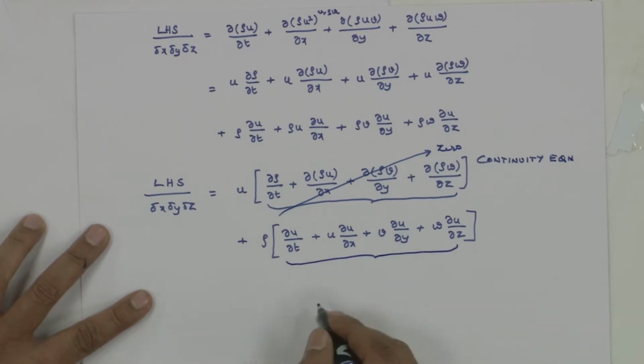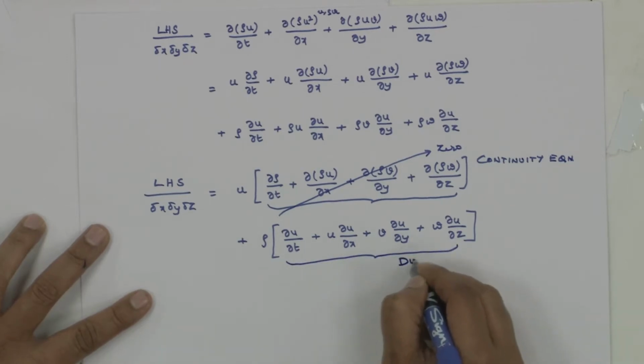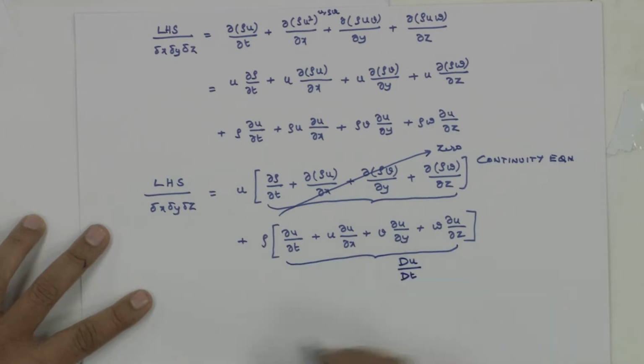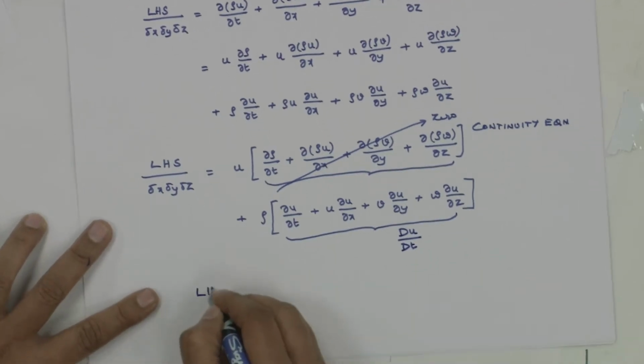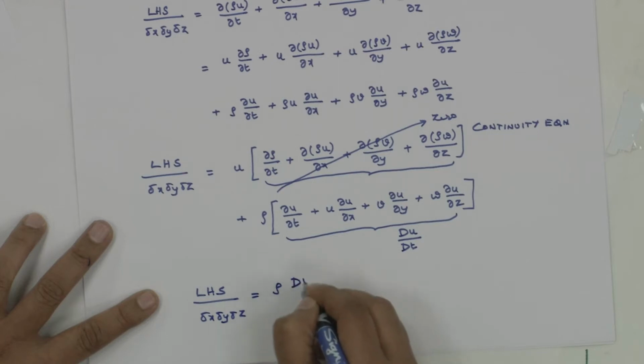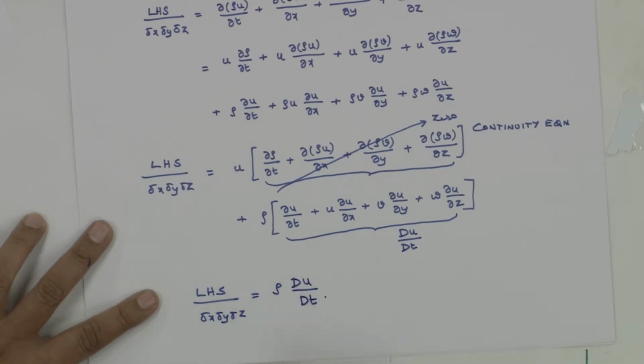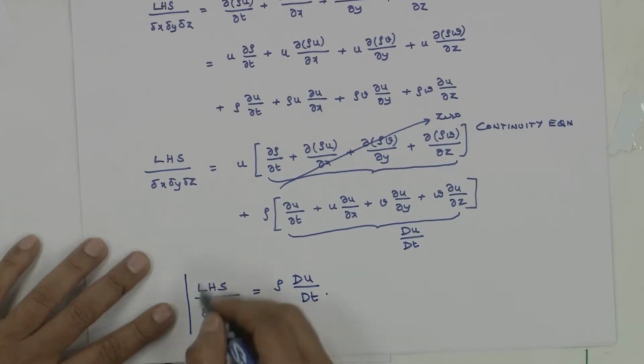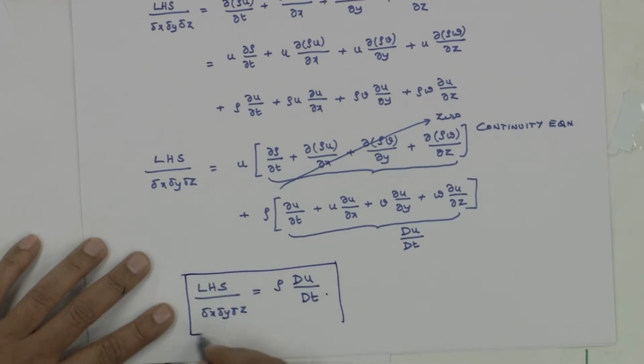This is nothing but my total derivative of u, du by dt. So LHS upon delta x delta y delta z is equal to rho du by dt. So we are now through with the LHS.